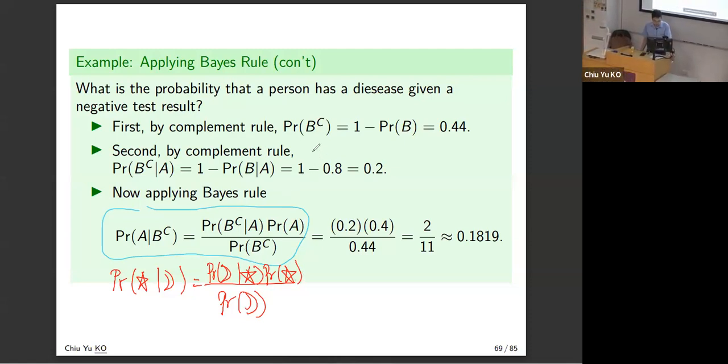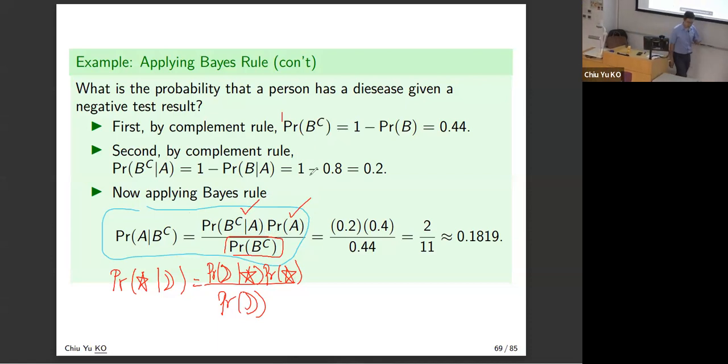So the only thing that is a little bit difficult is this guy, the denominator. Because the numerator, we know it, and this one we also know as well.